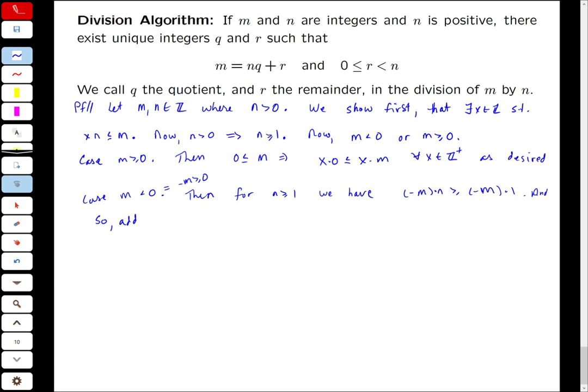Add to both sides mn plus m. I have minus mn greater than or equal to minus m times 1, which is our minus m. And add to both sides mn plus m. And what do you get?